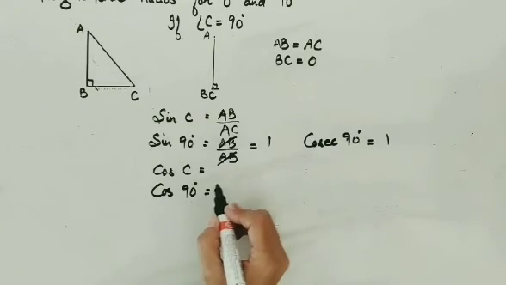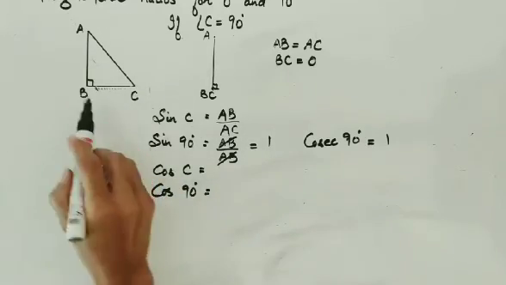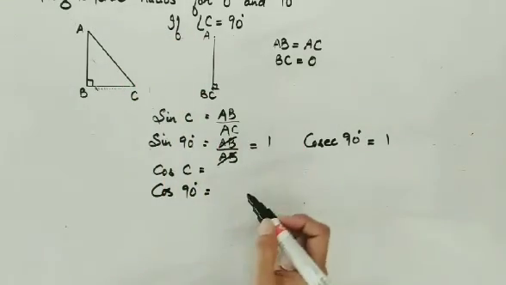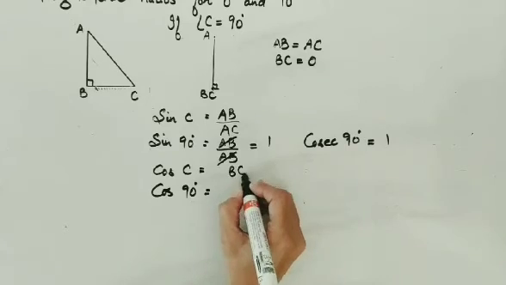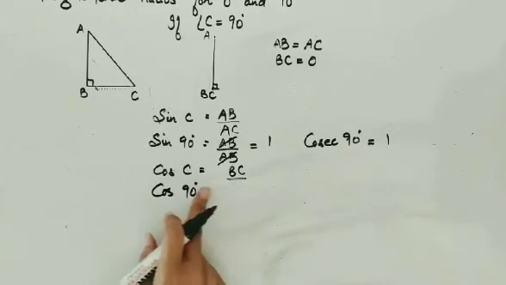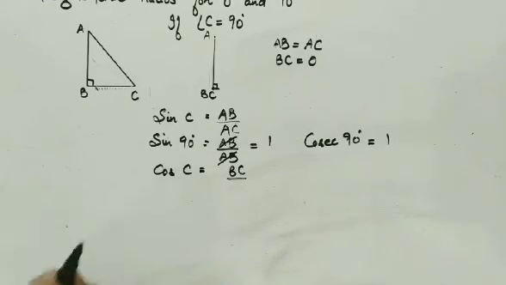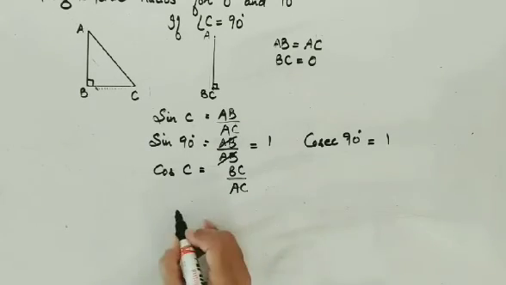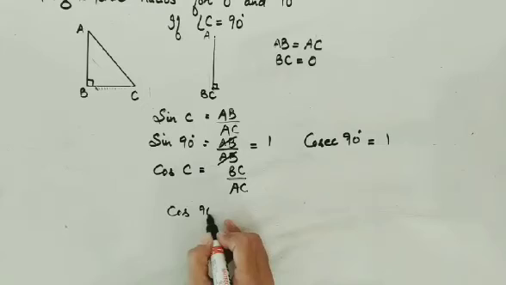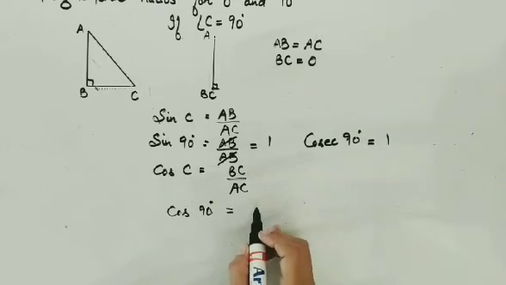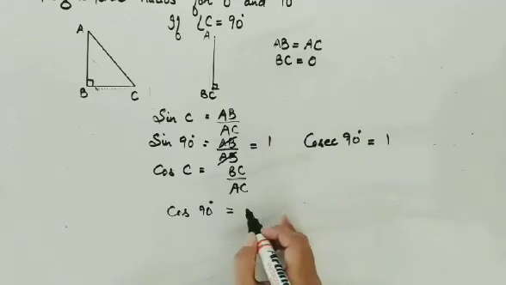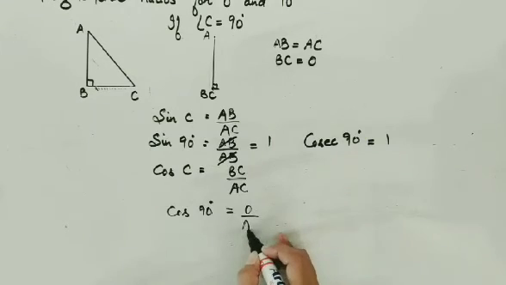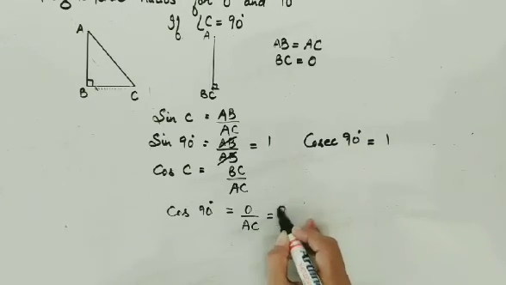Then comes cos C. Cos C is base by hypot. Base is BC. Hypot, what is hypotenuse? That is AC. So cos 90 degree, BC has become 0, and 0 by whatever you write would remain 0.